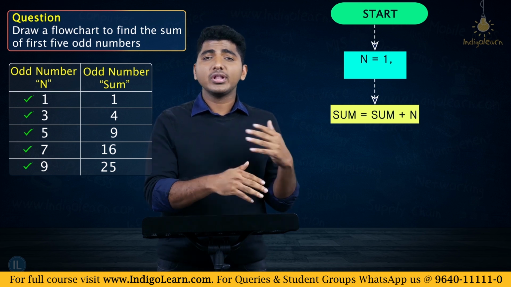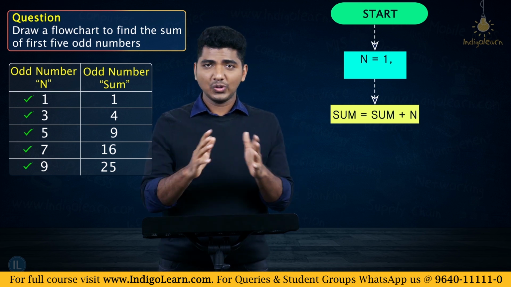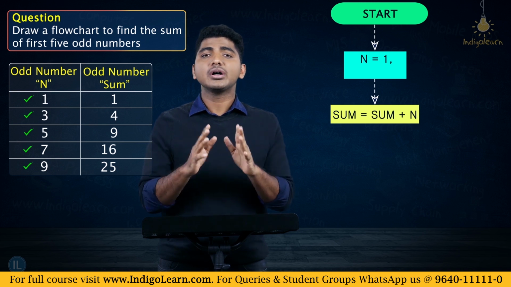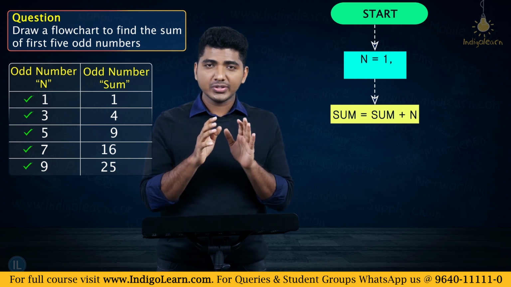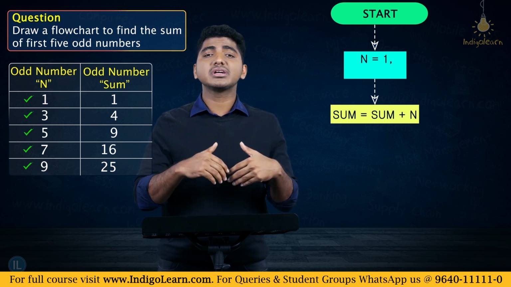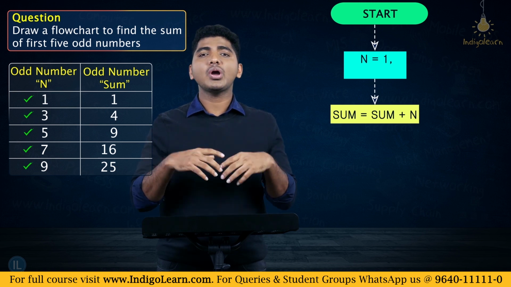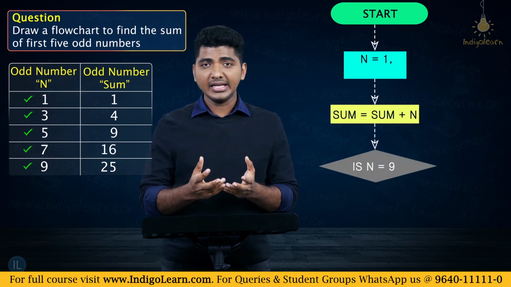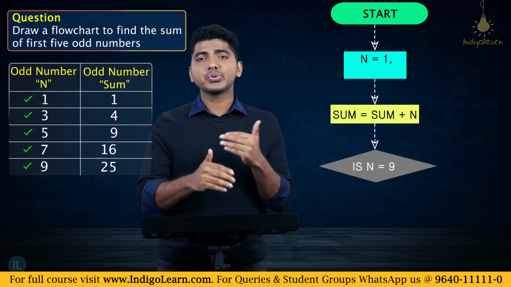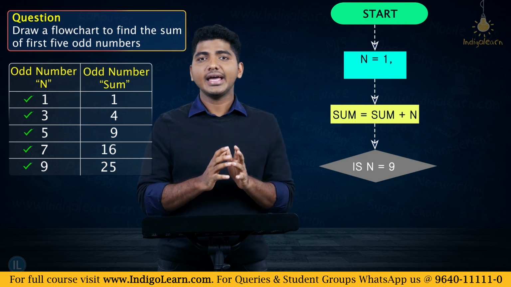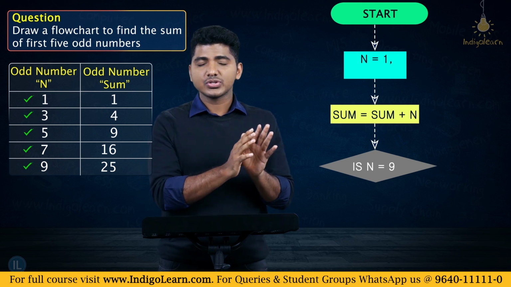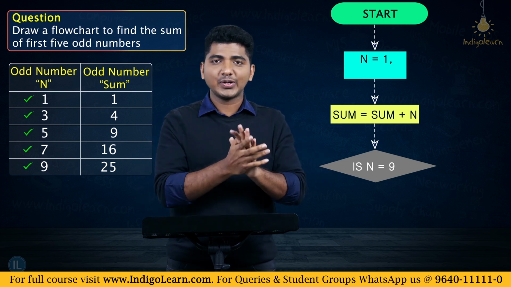Correct? Now, will this process run for infinity? No, I have to stop at some point. I am going to stop when n becomes greater than 9. When my odd number becomes greater than 9, I need to stop. So I do this calculation only till n becomes 9, and the moment it exceeds 9, I stop.